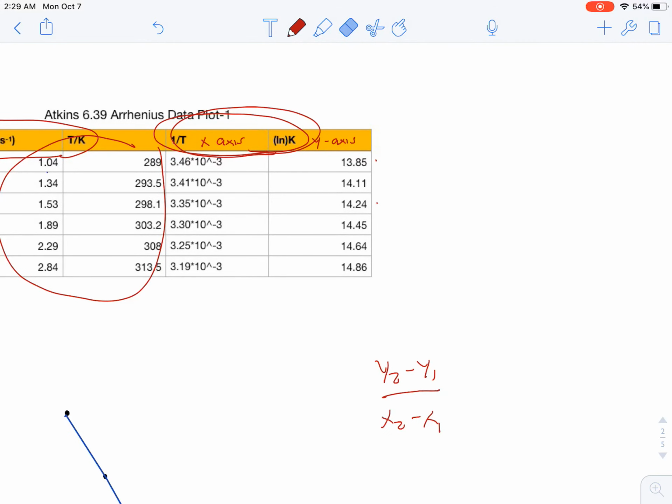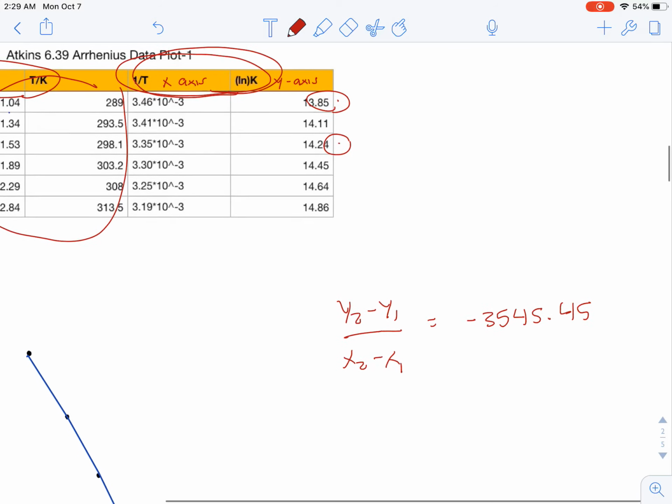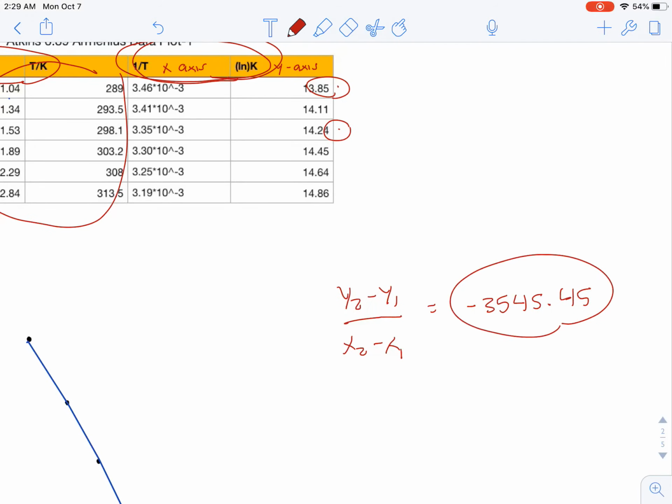So I selected these two over here, and I'll plug them in my calculator right now. And the number I got was, oops. And so this is the value I got from my slope.